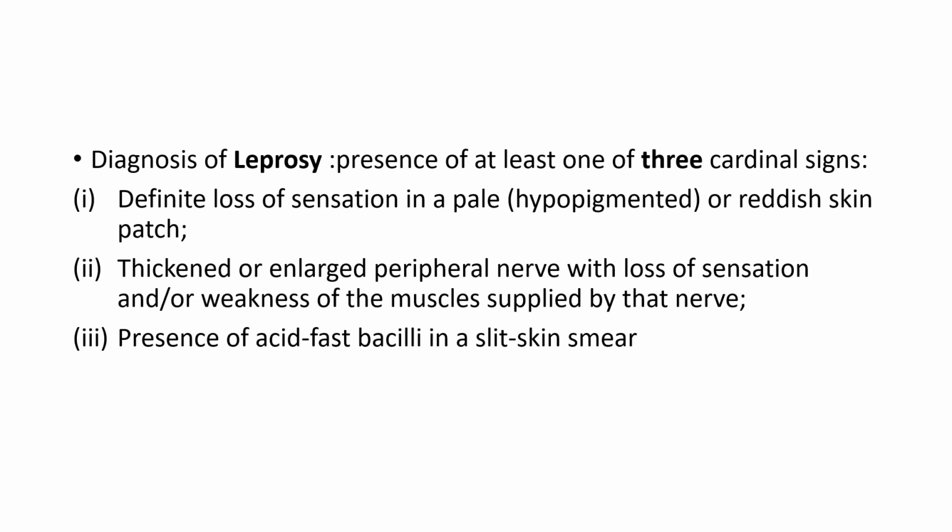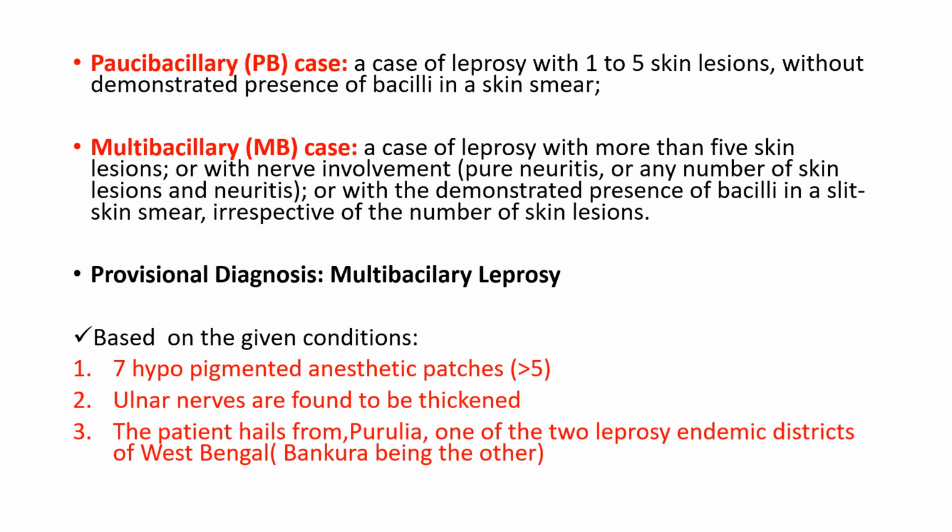Any leprosy diagnosis requires 3 cardinal signs being present. There is definite loss of sensation in a pale or hypopigmented or reddish skin patch, thickened or enlarged peripheral nerve with loss of sensation and/or weakness of the muscles supplied by that nerve, and presence of acid-fast bacilli in a slit skin smear.